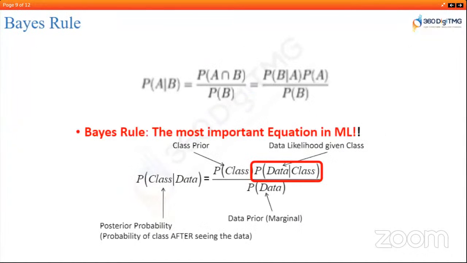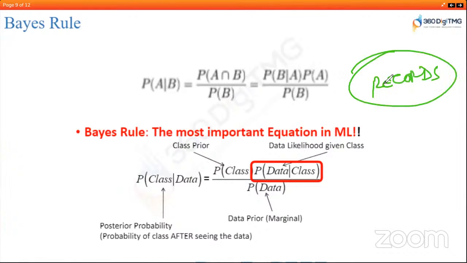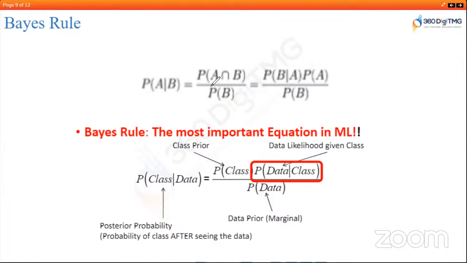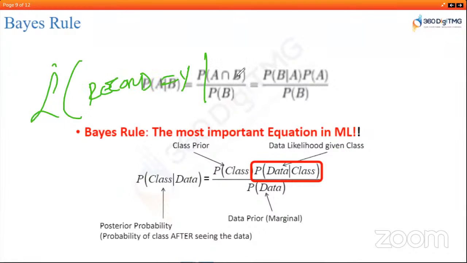All right, so class prior, or data prior, or data prior marginal, is nothing but the probability associated with the data type or the class. For instance, we were looking at the word records. Whatever likelihood measure we did, we did the likelihood of record equal to yes given class equal to ham, one scenario.